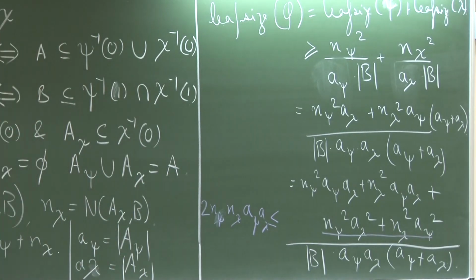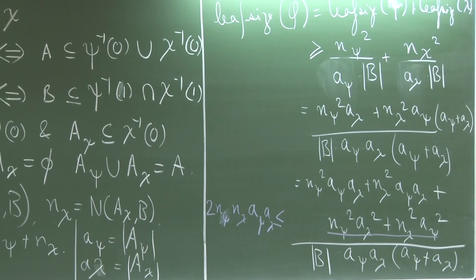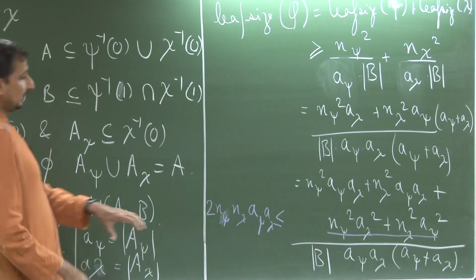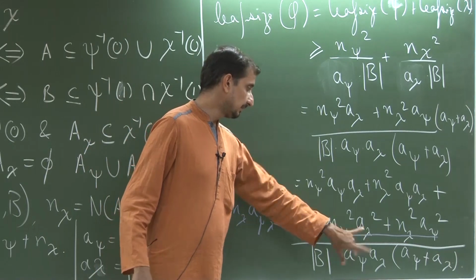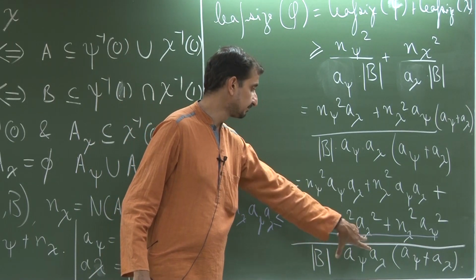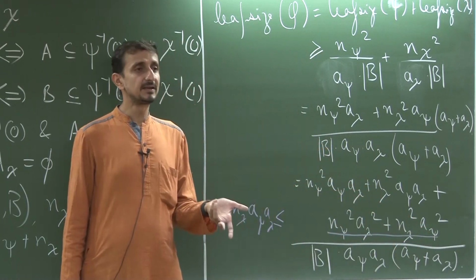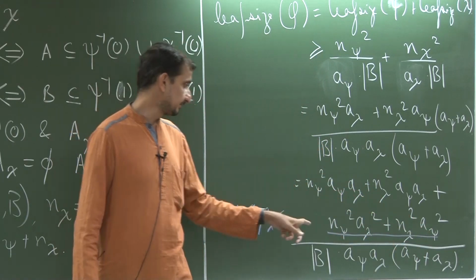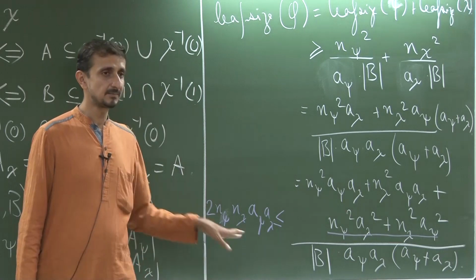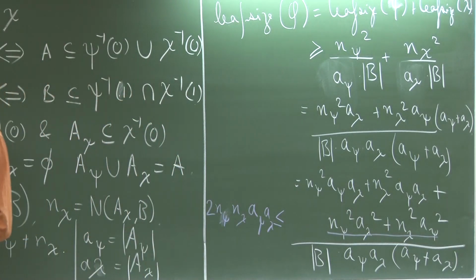How does this hold? Exactly. I can take this as, let us say, a term x, and consider this as my term y. So, x minus y whole square is nothing but this minus this, and x minus y whole square is always greater than or equal to 0. So, using that inequality we get this result.